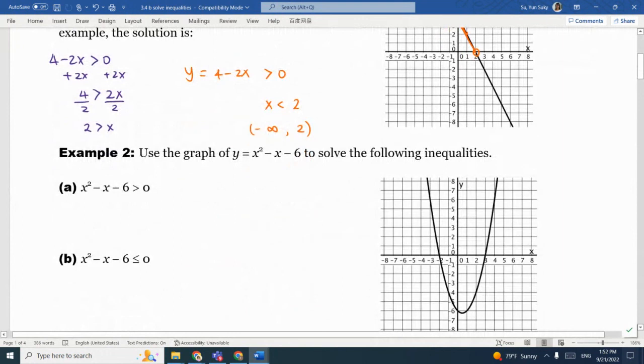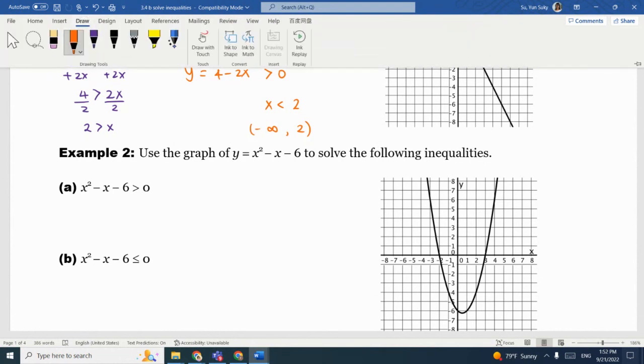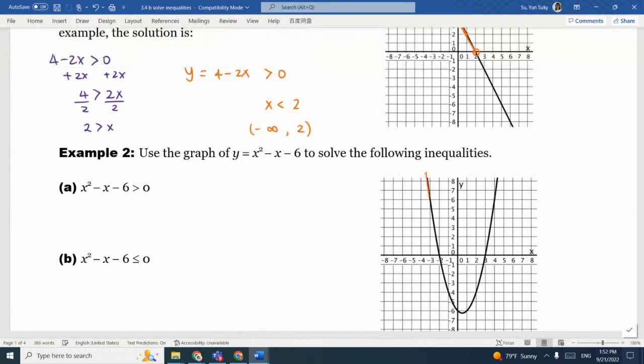How about this? We're given the graph, and we want to solve the following inequalities. This guy greater than 0. So you look at the y value greater than 0. Then you get this piece and this piece. Do we include the x-intercept?